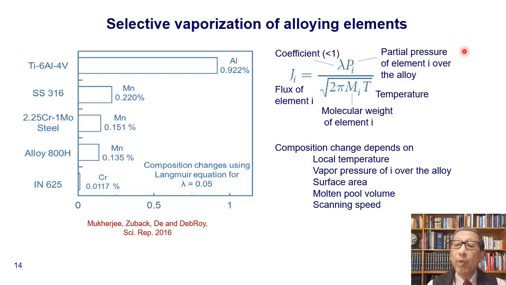And this process has been used in a model to calculate for different types of commercial alloys the loss of alloying elements. For example, in titanium 6 aluminum 4 vanadium alloy, we lost about 0.9 weight% out of the initial 6 weight%. For other commercial alloys, there were also some significant amount of loss.